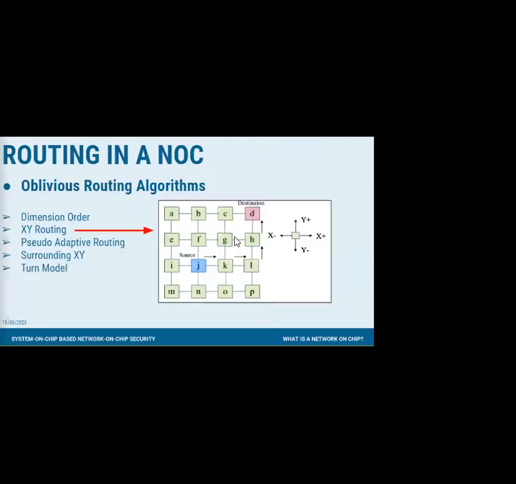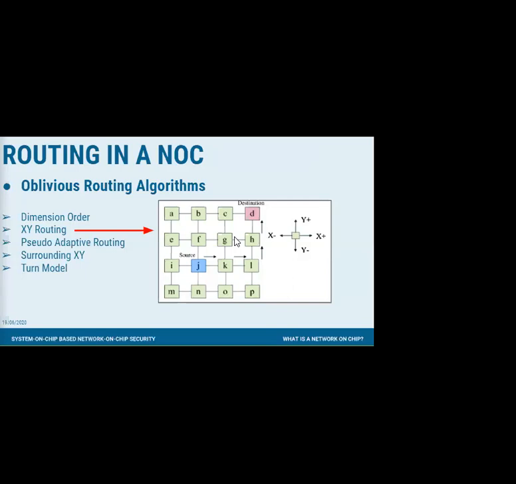XY routing is used in network on chip architecture, and XY routing is not the ultimate solution to on-chip communication. There are XY routing, YX routing, and several kinds of routing algorithms, and you can have a look at those as well.